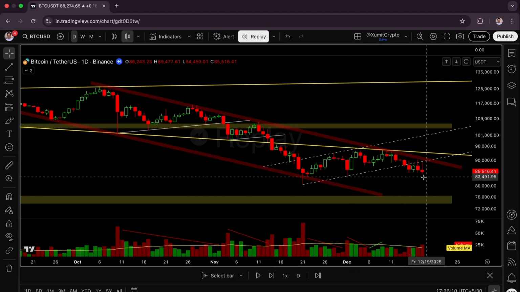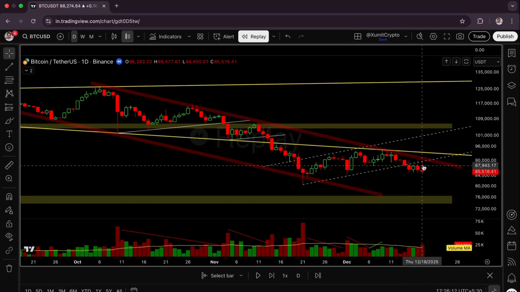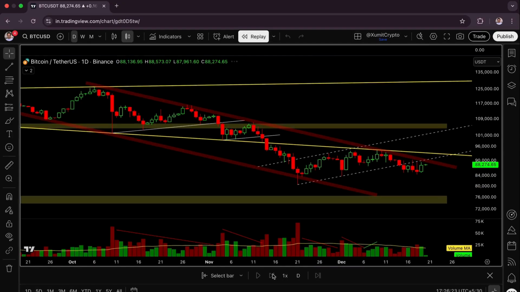And again, there was an attempt to enter the channel, got resistance from these two lines, this white line and this down channel line, and it drifted down again. And finally, yesterday's candle was actually the third attempt to enter the bullish zone again. And of course, today is Saturday, and it's an ongoing candle.